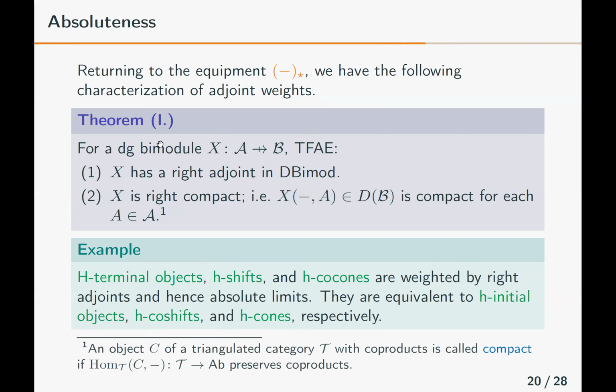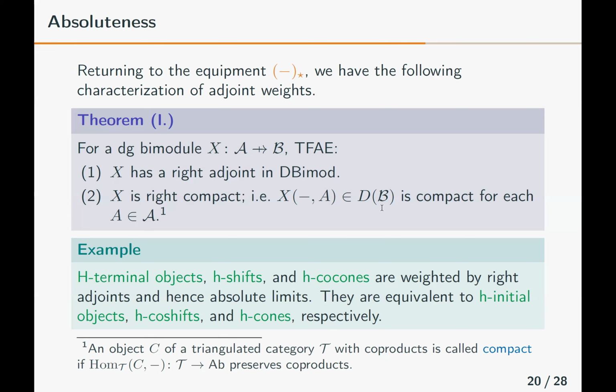Namely, the DG bimodule X has a right adjoint in the bicategory D-bimod if and only if it is right compact. This means that for each object A, the DG module X(-, A) is a compact object of the derived category DB.